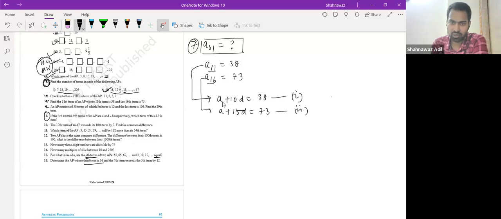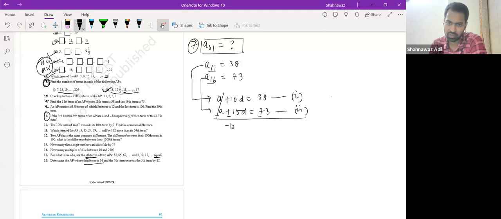Right. So now we have two unknowns and a pair of linear equations in two variables. So which method will we choose? We will use elimination. So subtraction or addition? Subtraction. So we subtract, the sign will change. This A will cancel and we have 10D minus 15D. So what would that be?